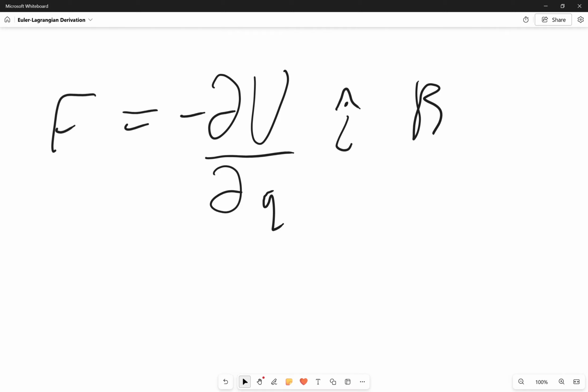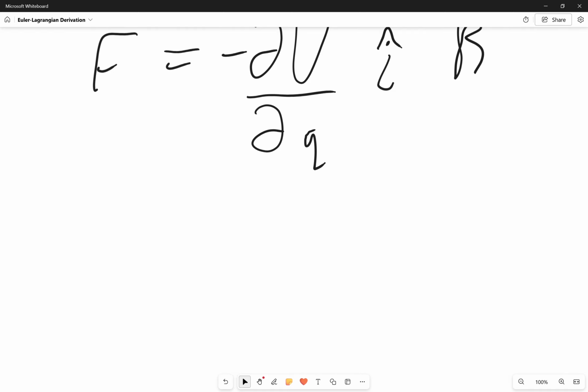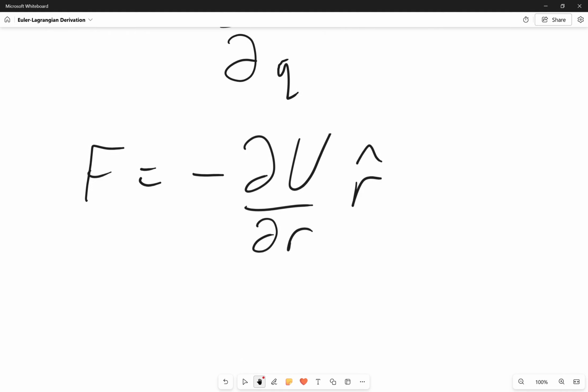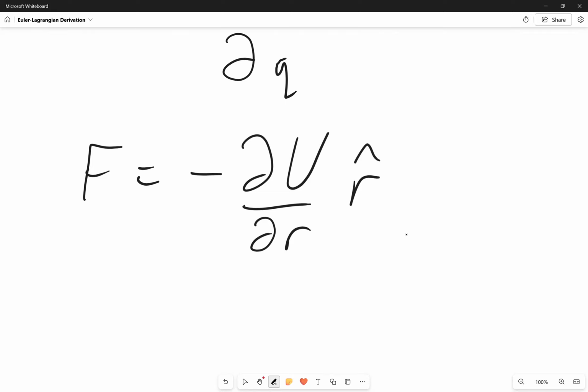Now I have it in a single dimension where I just use i hat instead, and q represents the position, and we have the negative partial derivative of the potential energy with respect to q. Now I'll make it more relatable, because I believe in spherical coordinates I can put the partial derivative of the potential energy with respect to the radius in the r hat direction, which looks more familiar.